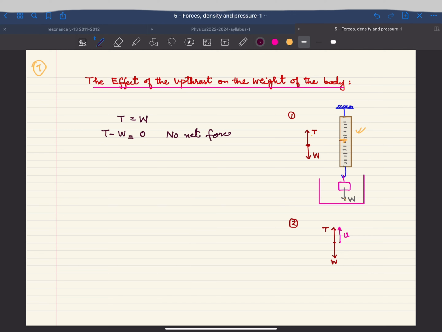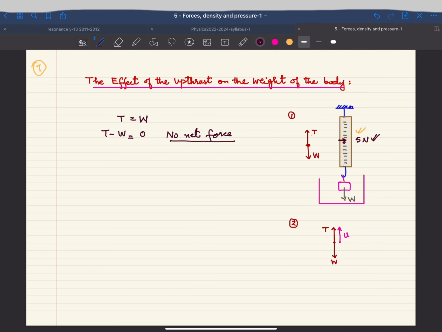Suppose the reading is 5 Newton; then 5 Newton is basically showing you the weight, because no net force is acting, and the force you have is nothing but the tension. So the tension is 5 Newton, which represents the weight.